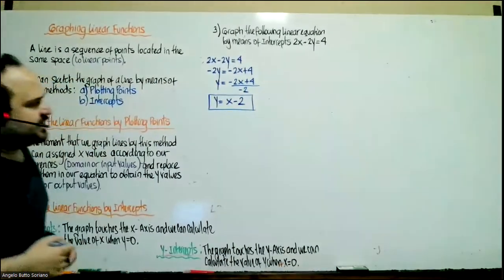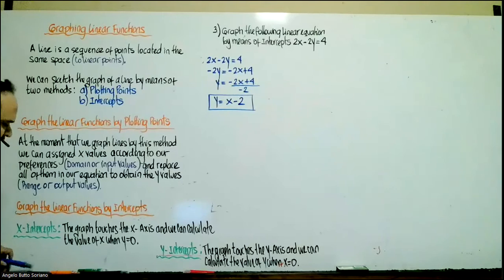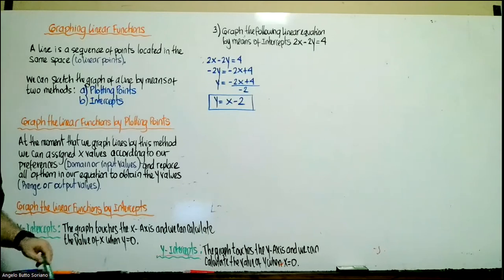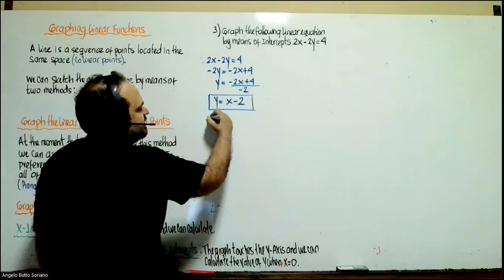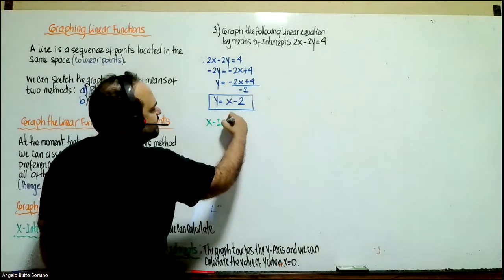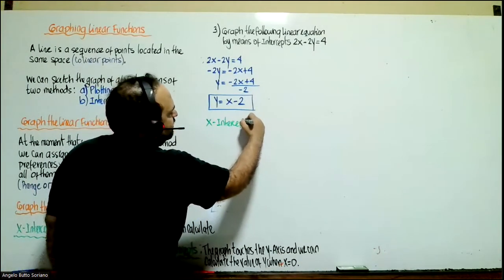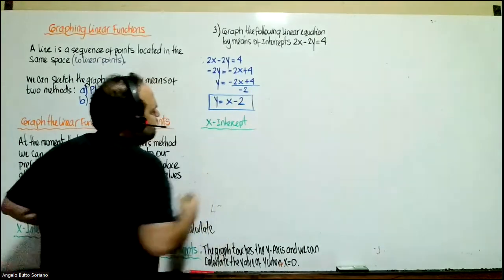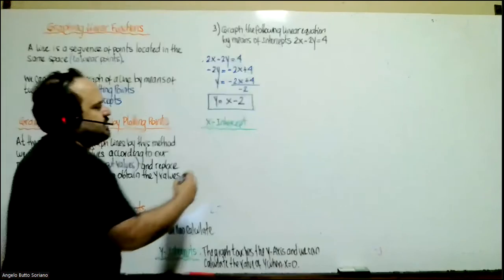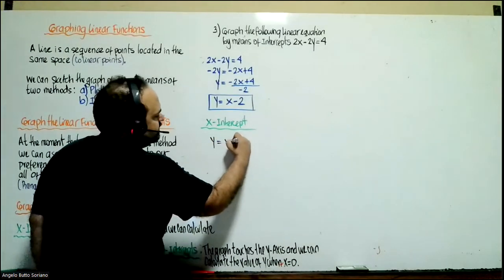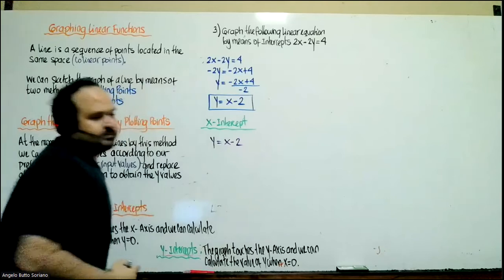And we got the equation of the line written in slope intercept form, okay? Now it's time to calculate the x and y intercepts. The x-intercept, remember, is the value of x when y equals 0. Let's copy the equation: y equals x minus 2.